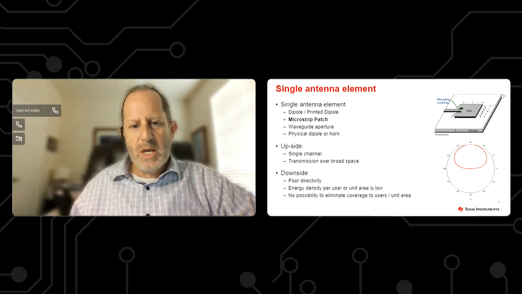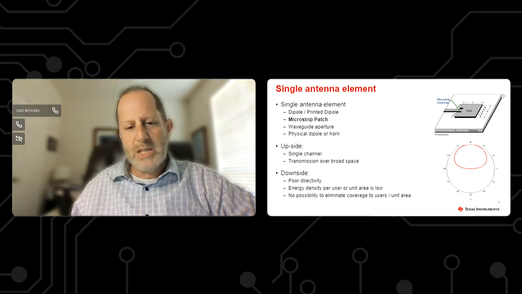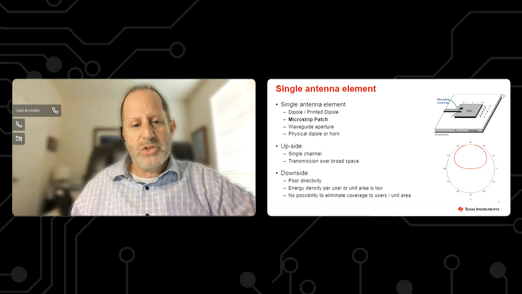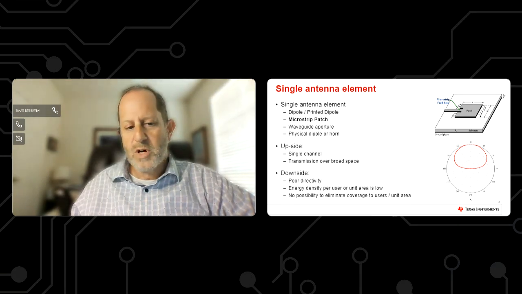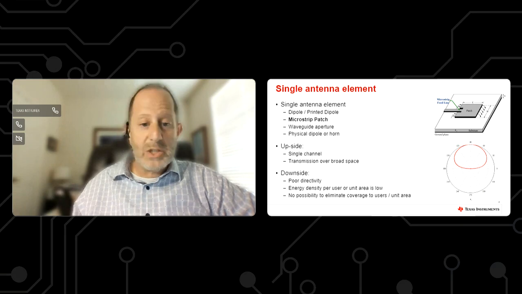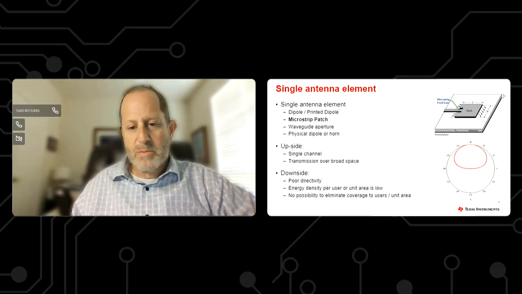So in order to really push a lot of data into a system like that, you'd have to be driving lots and lots of power because your antenna doesn't have very much gain in and of itself. So basically, it's poor directivity, the energy density per unit area is low, and you don't really have any adjustment capabilities to move your signal around to where the users are, or alternatively, not look in places where there might be interference and jammers.